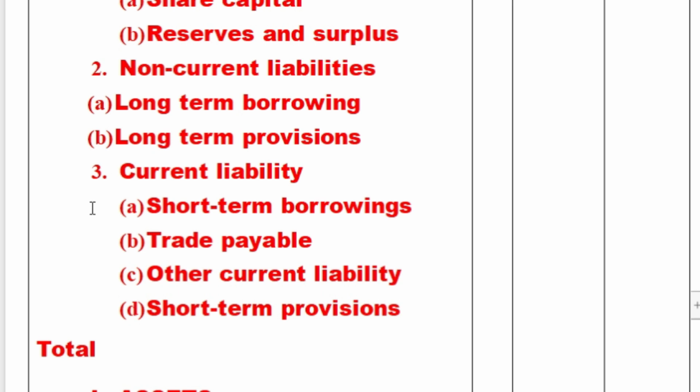Similarly, current liabilities is a major head, and under it the subheads are trade payables, other current liabilities, and short-term provisions.